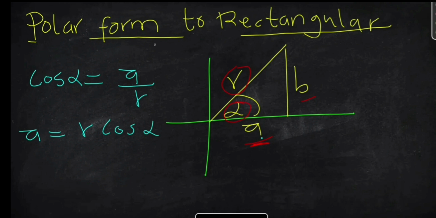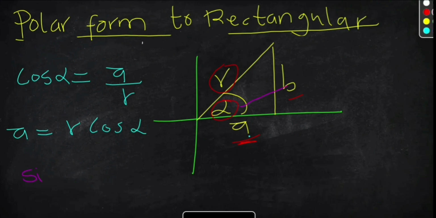The same way when we want to find B, B is opposite to the angle alpha, and we have our hypotenuse, which is r. So using sine alpha equals our opposite B over our hypotenuse r.